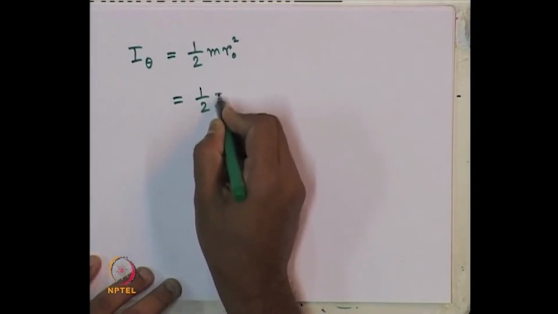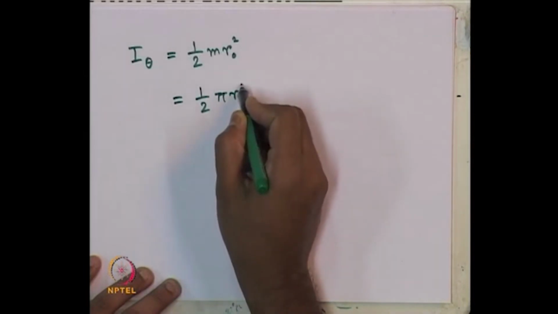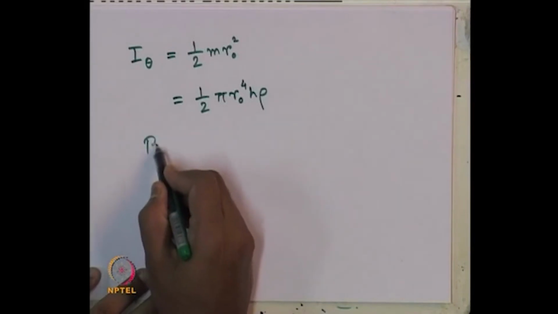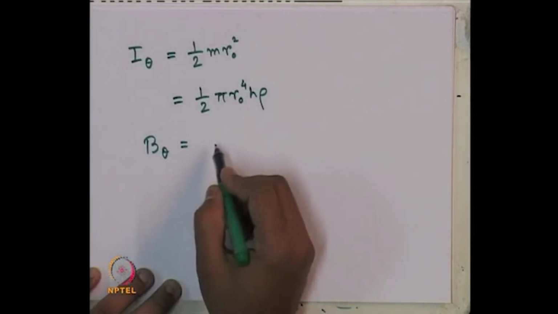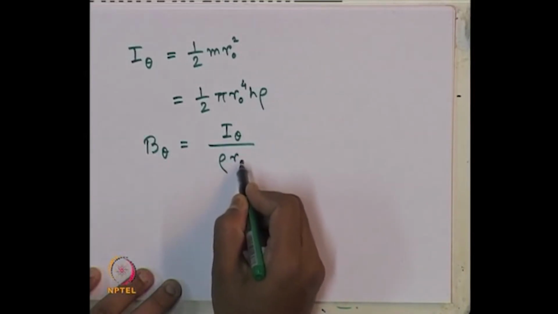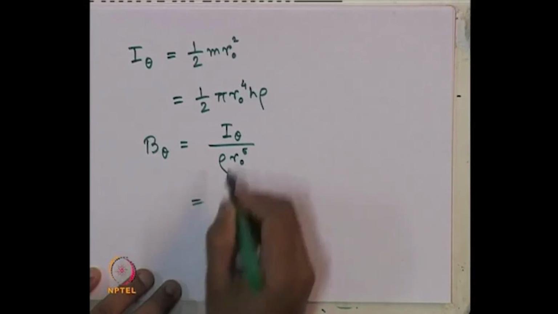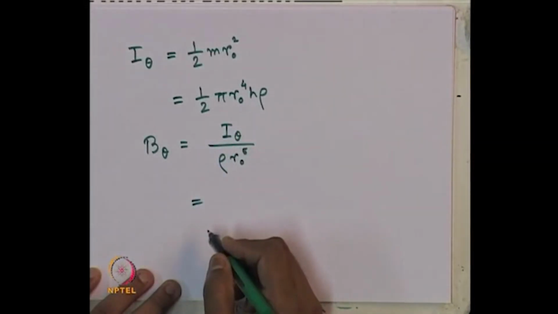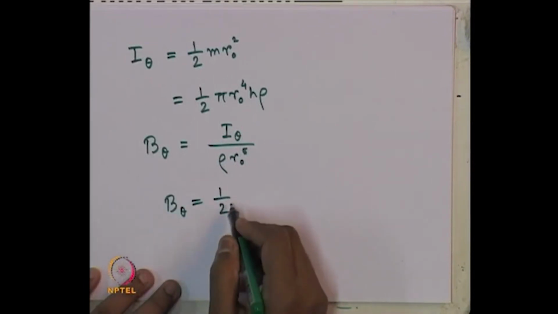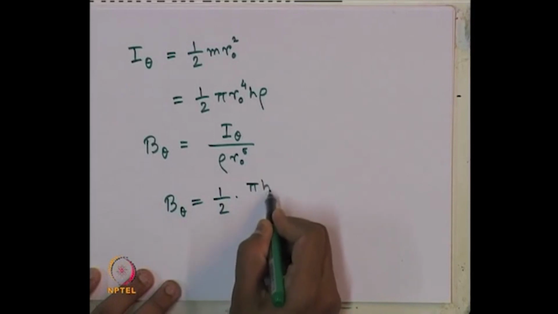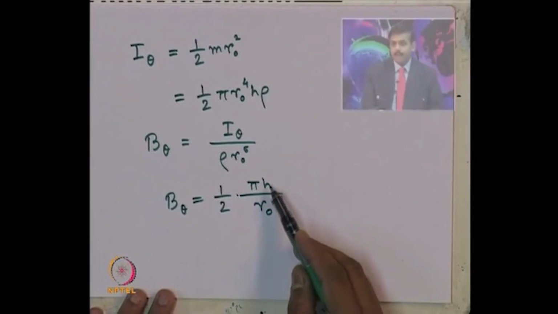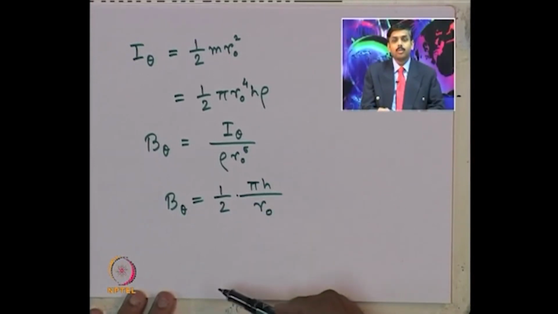So, half pi r naught to the power 4 h rho, and expression for b theta, that is modified mass ratio, is I theta by rho r naught to the power 5. So, if we put this expression of I theta in this expression for b theta, we will get b theta simplified as half pi h by r naught. Here also you can see b theta is just a function of h and r naught only.